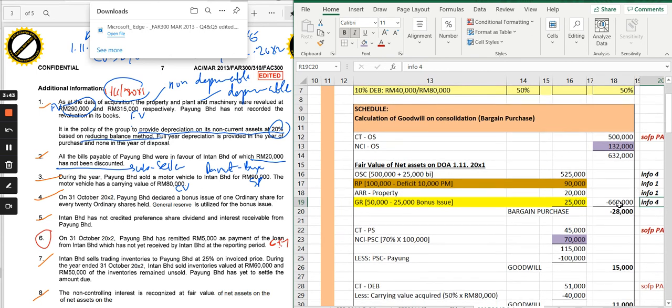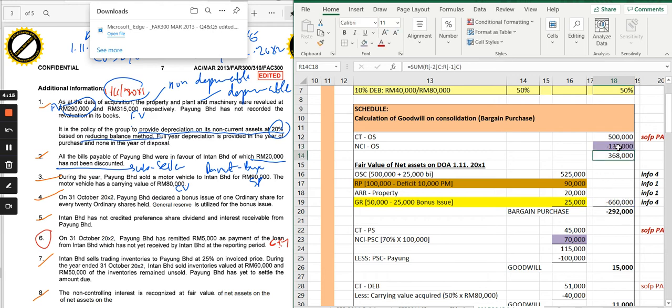And you have the fair value of net asset. We're going to calculate the goodwill here. This is not yet being calculated, so I'm going to do it with you. This has not been adjusted, so I'll be doing it, which is going to be 20%, and that 20% is from this figure here, fair value of net asset.